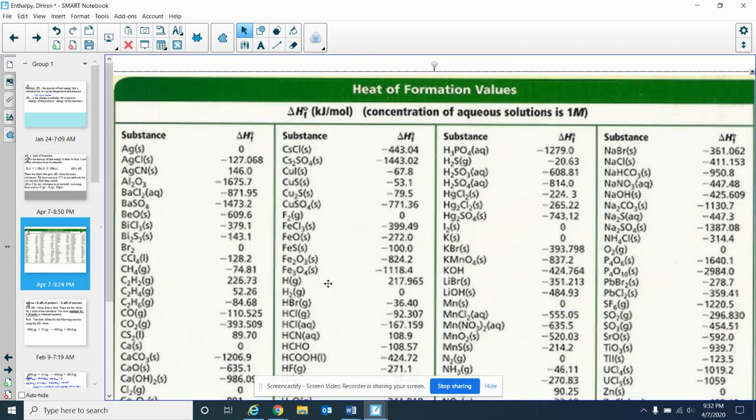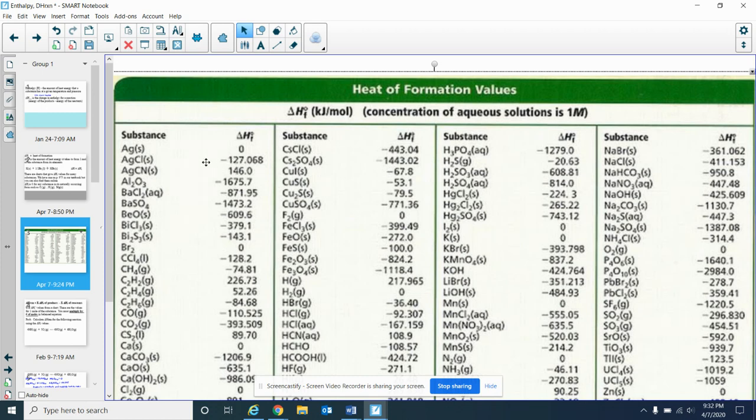So taking a look at a chart, you can see for silver, for instance, naturally occurring, its value is 0. But for silver chloride, which is a solid, when 1 mole of that is formed, it will give off 127.068 kilojoules. So for 1 mole of that, that's how much heat's given off when it's formed. Versus silver cyanide, it requires an input of 146 kilojoules for 1 mole of it to form.